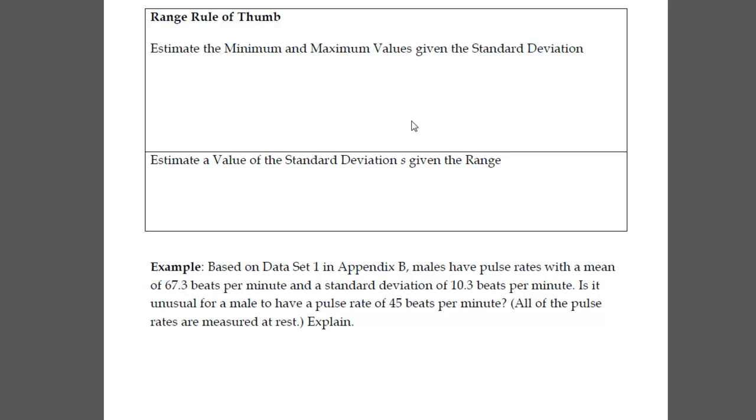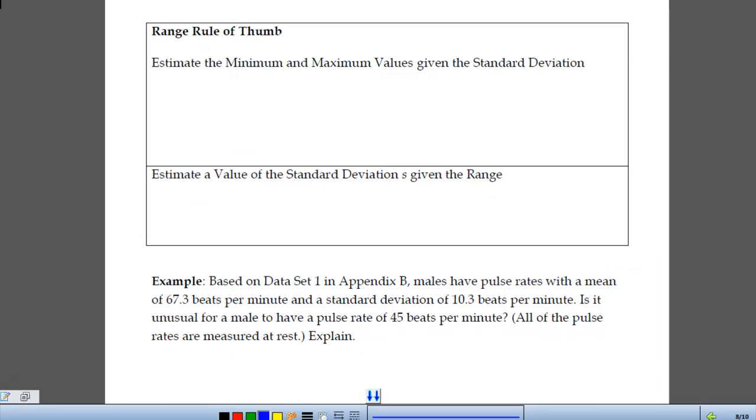And basically, we're going to find that about 95% of our data falls within two standard deviations of the mean. So we could pretty much estimate the minimum and maximum values if we know the standard deviation and the mean. We estimate the minimum value of our set to be x bar, the sample mean, or it could be the population mean if that's what we're looking at, minus 2 times the standard deviation.